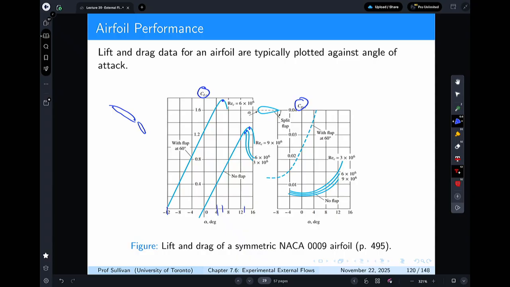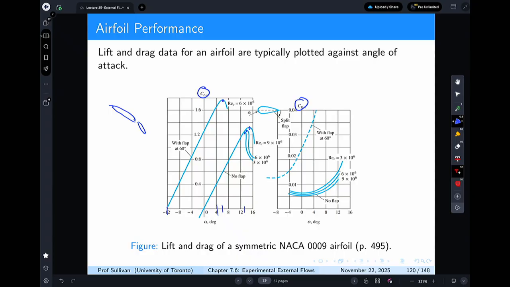Again, can't read the chart that well, but for different Reynolds numbers. And you'll also notice that as you change the Reynolds number, so you go from 3 times 10 to the 6 to 9 times 10 to the 6, you have a larger range that these airfoils can operate because the flow stays attached. Higher Reynolds number associated with higher turbulence is a benefit to you here.